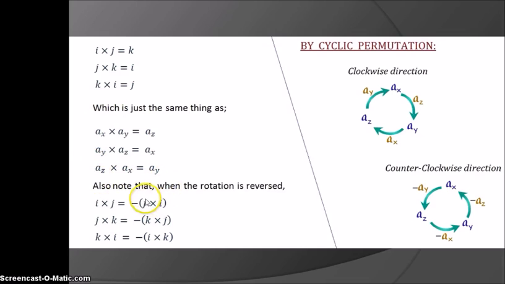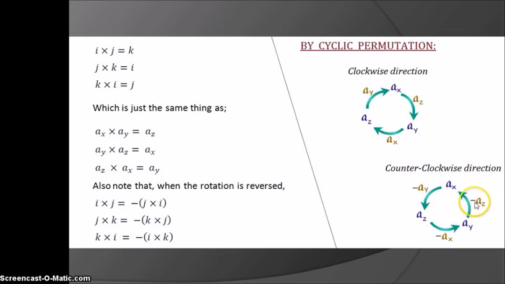So what happens if direction changes? Here we have the clockwise direction. So when we have an anti-clockwise or counterclockwise direction, you see the direction of the arrows has changed here.